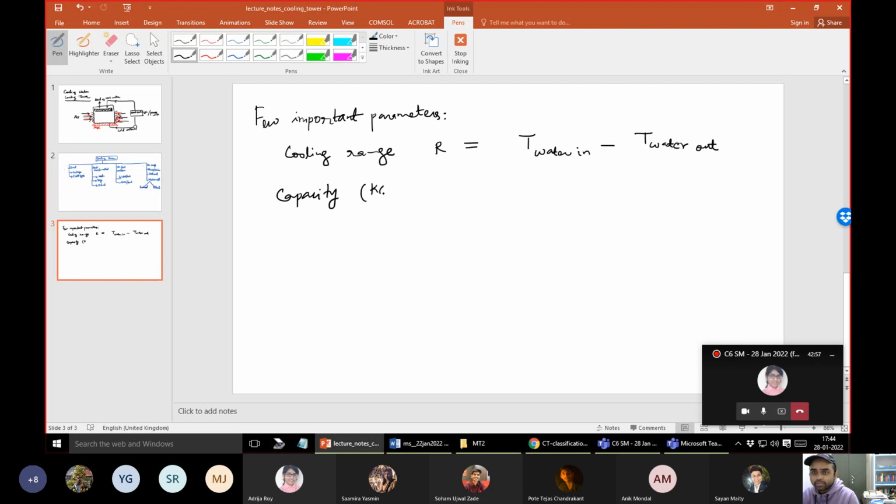is given in terms of kcal per hour, and this is given as C, which is nothing but the water circulation rate in meter cube per second, into the Cp.